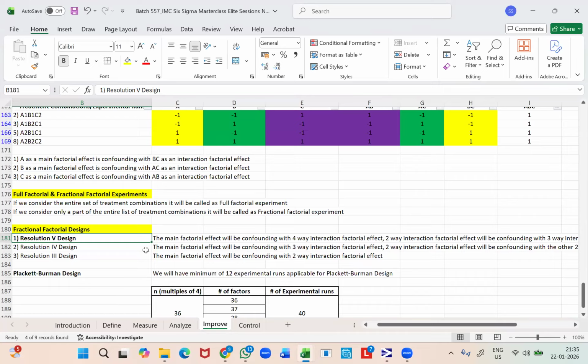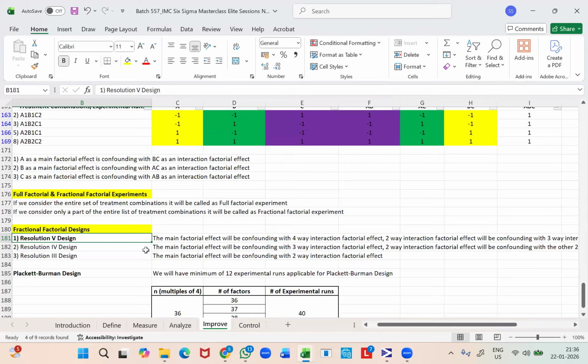Now, how to find out the confounding aspect of this resolution 5 design? So which factorial effect is confounding with what factorial effect is something that we would be able to identify in this resolution 5 design. And for that, we need to consider 5 fingers on one of your hands, right?